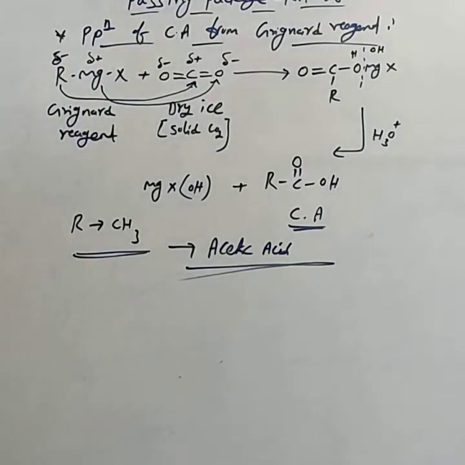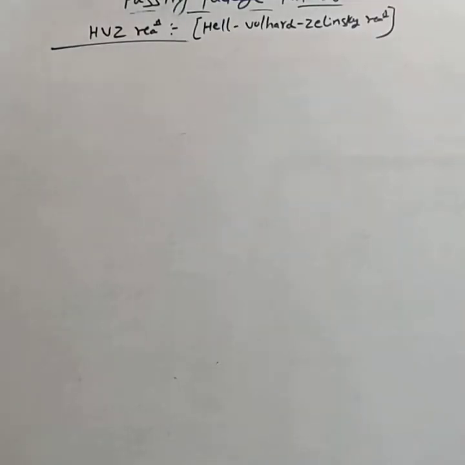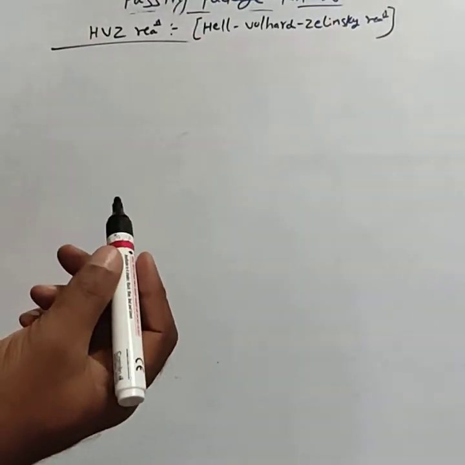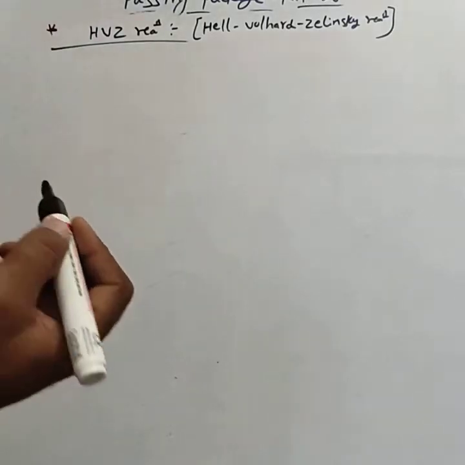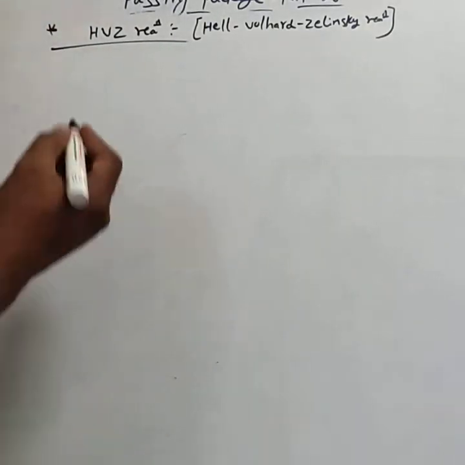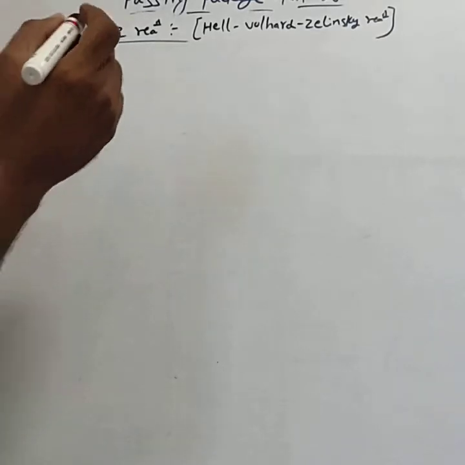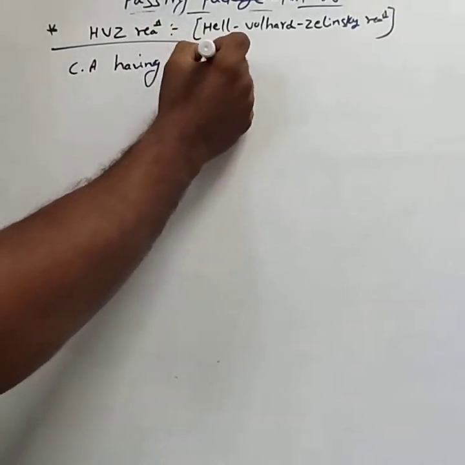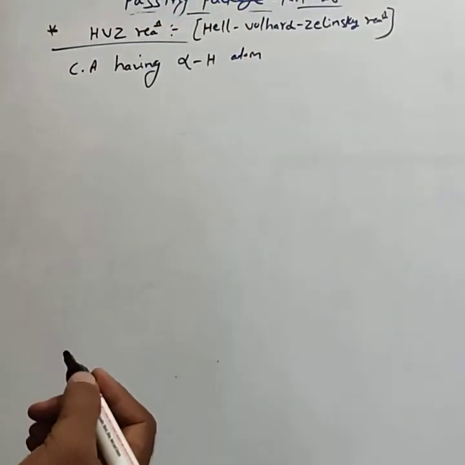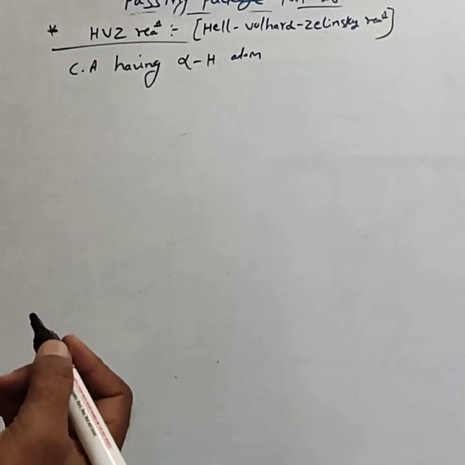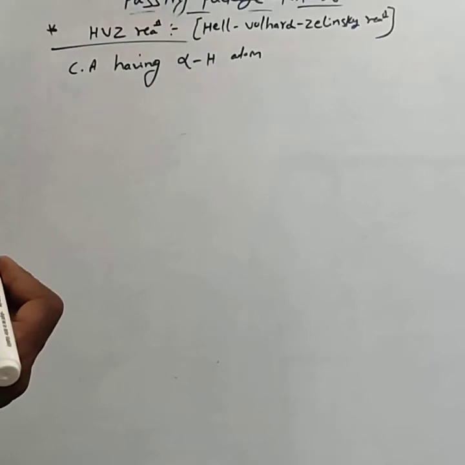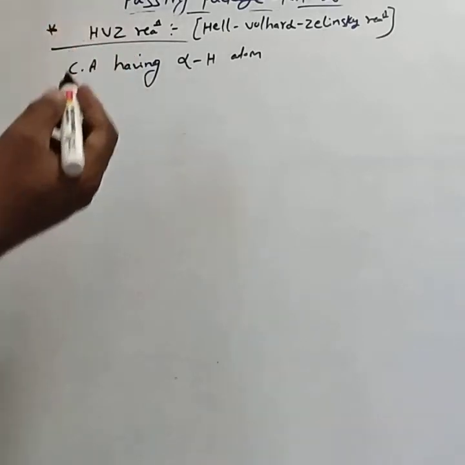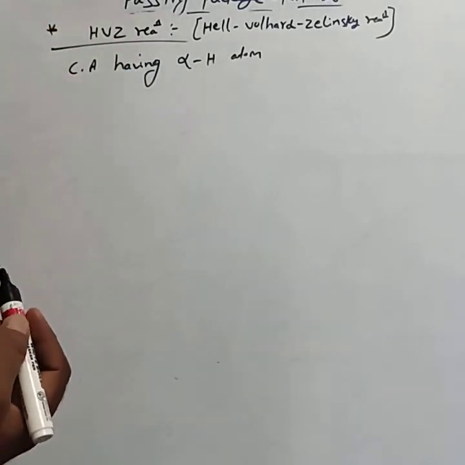Next, consider the HVZ reaction, that is the Hell-Volhard-Zelinsky reaction. The HVZ reaction is also very important. It is answered by carboxylic acids having alpha hydrogen atoms. Only those carboxylic acids which contain alpha hydrogen atoms answer the HVZ reaction.